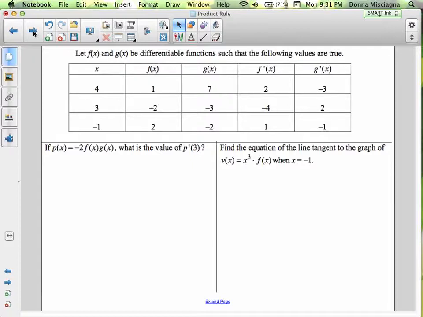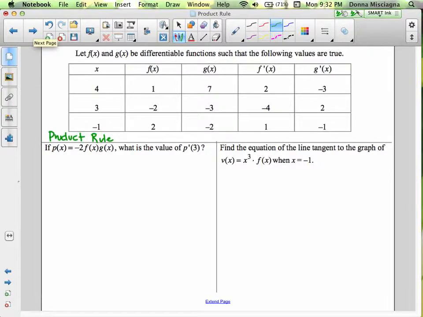Same values, right? I just copied the table again. All right, so now we have p of x equals negative 2 times f of x times g of x. What's the value of p prime of 3? Right? So now we need the product rule, because it's not just a scalar multiple.